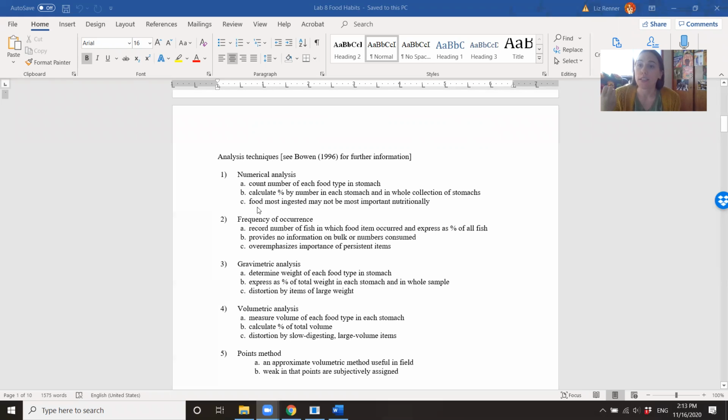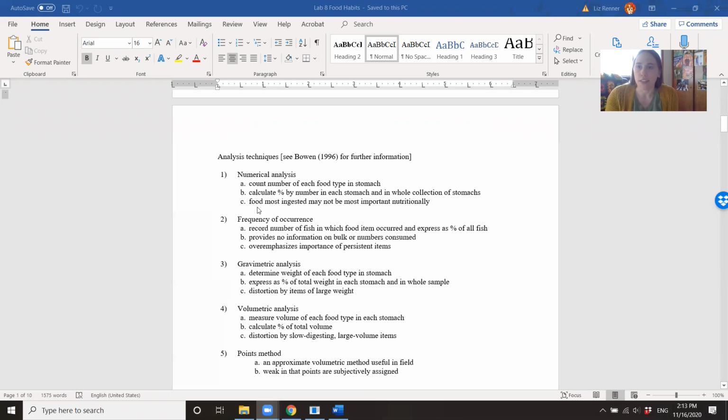Or it could be expending less energy in single events, but having to spend more time foraging for lower value things like a little water boatman, like insects, things like that. And so, yeah, we have to keep in mind that the food ingested the most might not actually be the most nutritionally important. It might just be what's there.